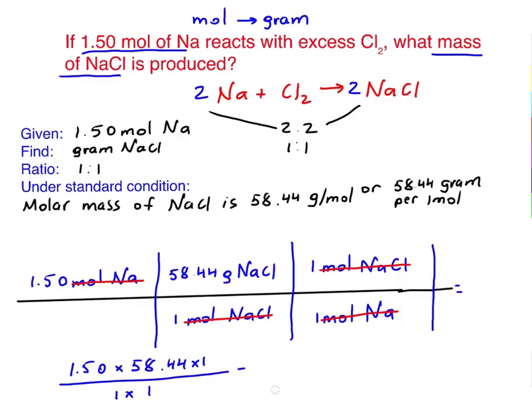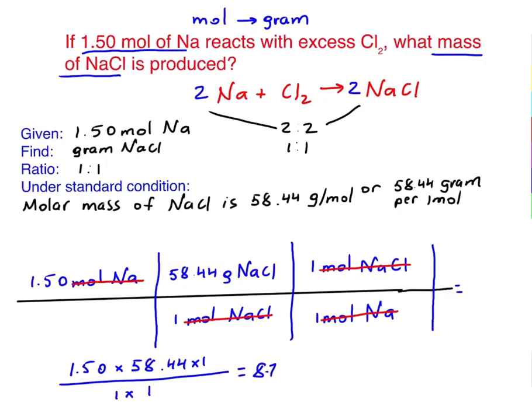And here I'm explaining them with arrows. So where did I get 1.5? Where did I get 58.44? And where did I get 1 again at the end, at the top? And then on the bottom, you need to make sure you also write the unit. So it's 1 mole times 1 mole.